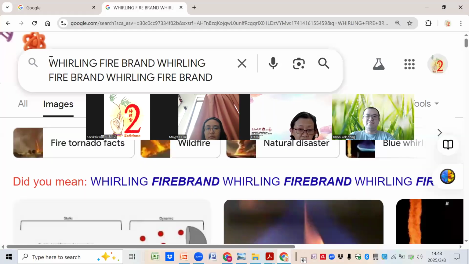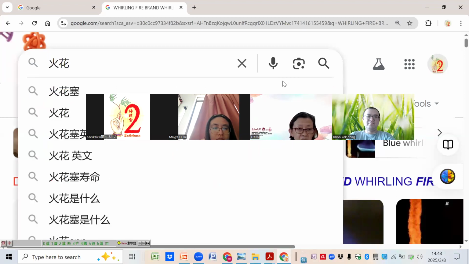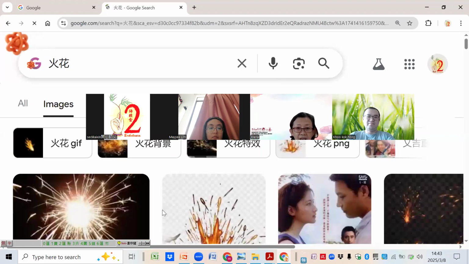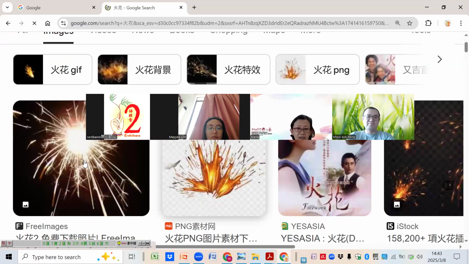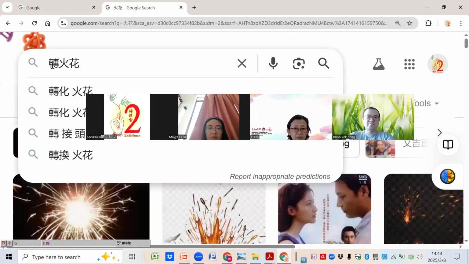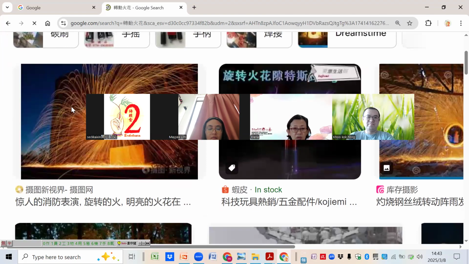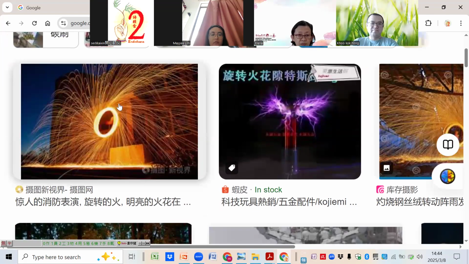Okay, I want to show this, so I Googled it. So 火花, yes, for this. You see, if I try to circle it very fast, there will be a circle that appears.